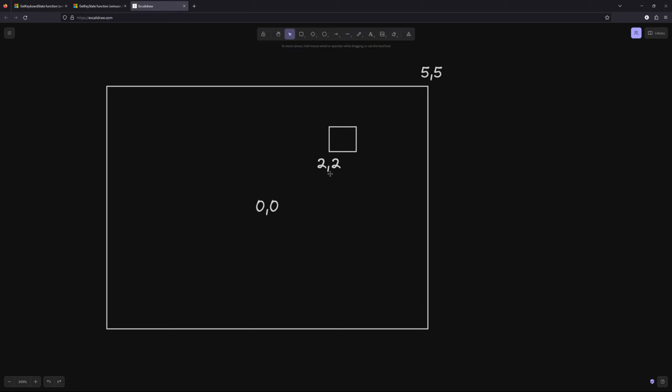This is 5 and this is 2, and this should become some kind of 2 and 5, right? 0.4. Yeah, so this essentially just becomes 0.4. And that becomes 0.4 plus the dimension.